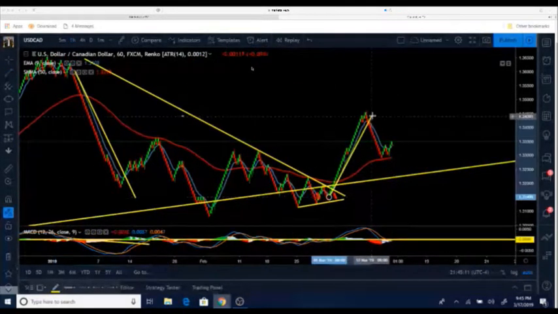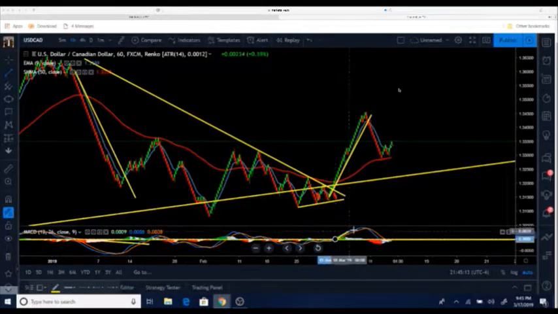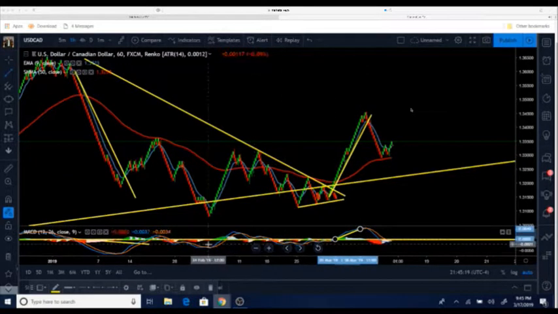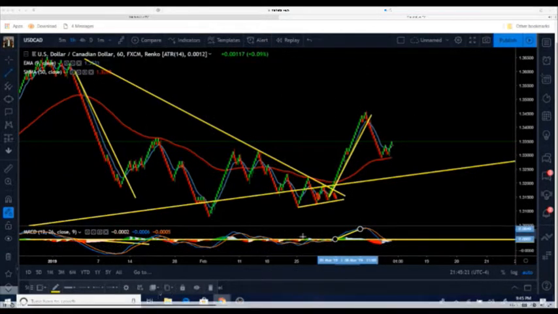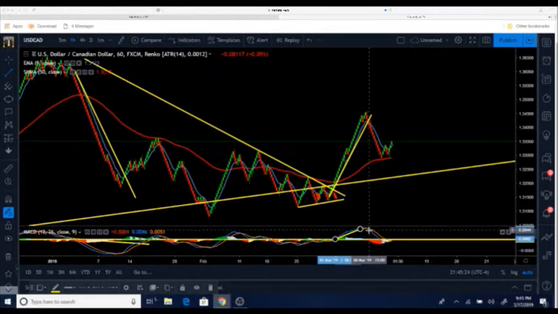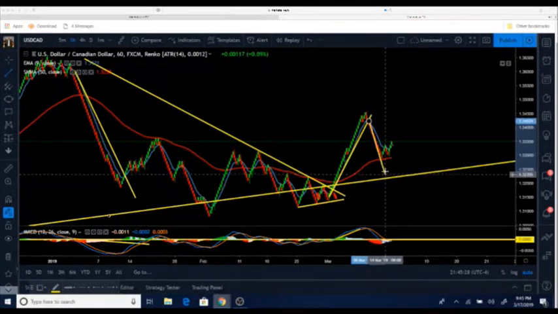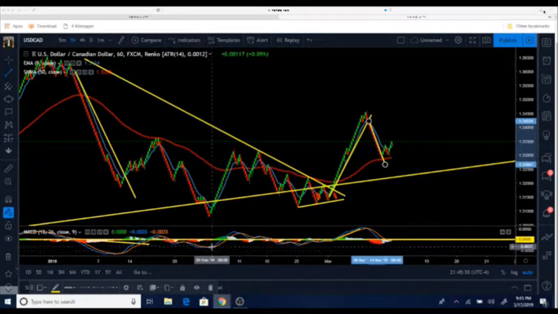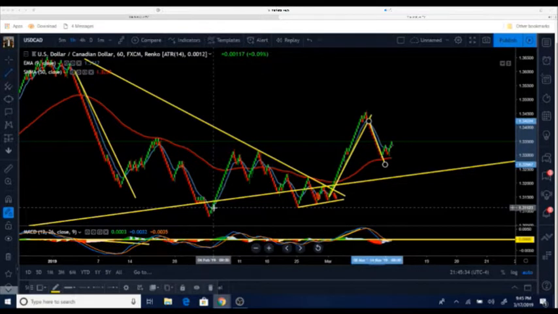This uptrend, notice your two moving averages are above your histogram. The blue line is called your MACD line. The orange line is called your signal line. When the blue crosses under the orange, you're looking to sell. And when the blue crosses above the orange after a downtrend, you're looking for a buy.